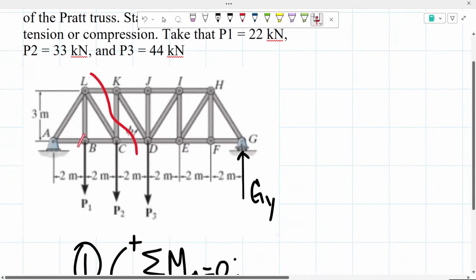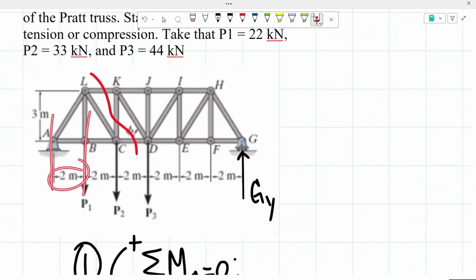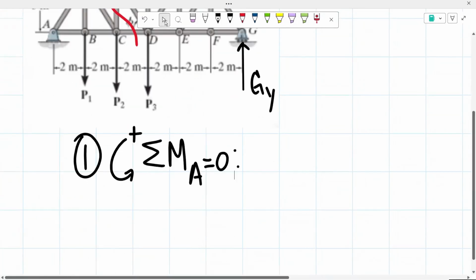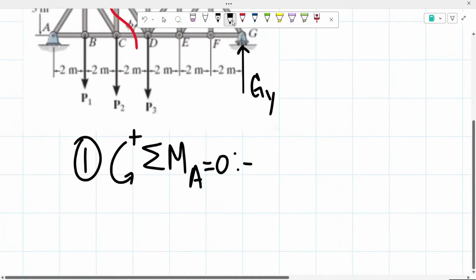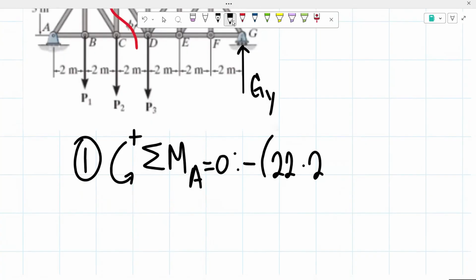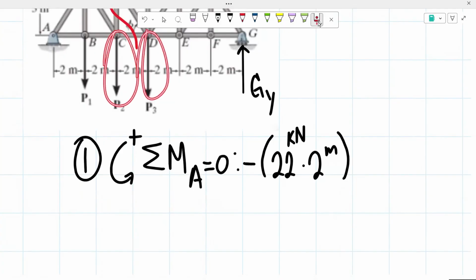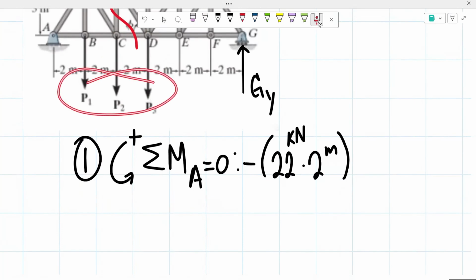So for our first force, we have a force of 22 kilonewtons, a distance of 2 meters, and since it's to the right of our point heading downwards, we know it's going to be creating a clockwise moment, so a negative moment, with a force of 22 kilonewtons times 2 meters. The rest of the forces are also on the right side of that point and going downwards, so we know that these three forces are going to be creating a negative moment.